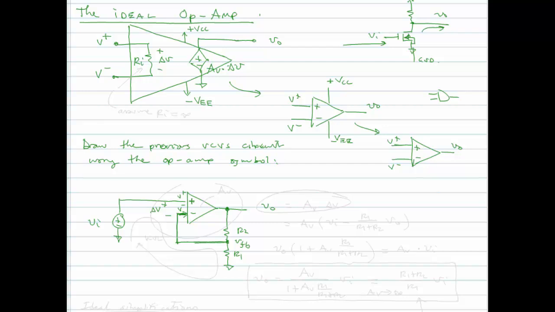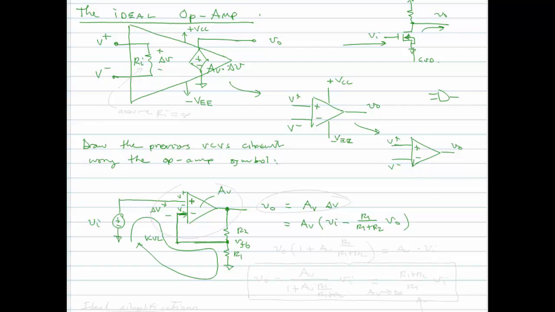And if we were to solve this, we would say, okay, VO is always equal to AV, that's the ideal gain of this op-amp, times delta V. You say, well, what's delta V? Well, let's look at the circuit. You could do KVL around here. Certainly can do that, but we can do this by inspection. Delta V is equal to, well, I see on the positive side of delta V is VI, and on the negative side, I have the output of this voltage divider, and that voltage divider is R1 over R1 plus R2, VO.